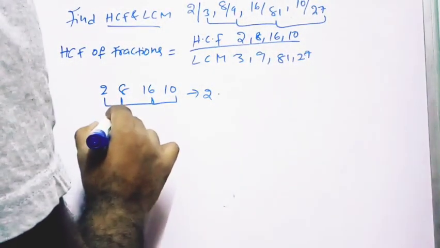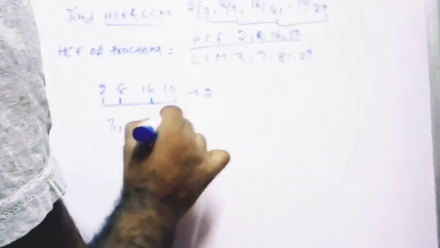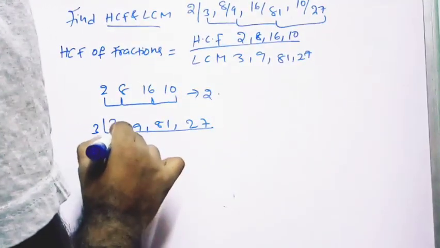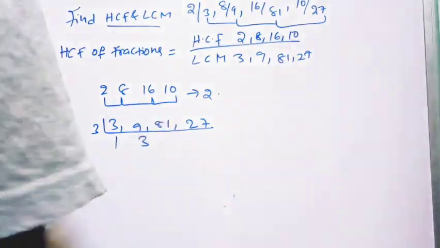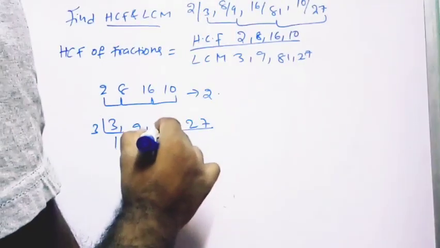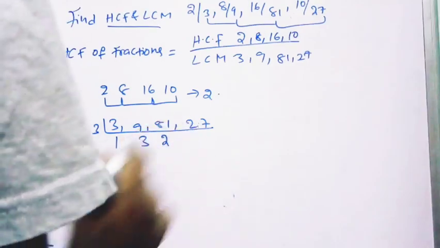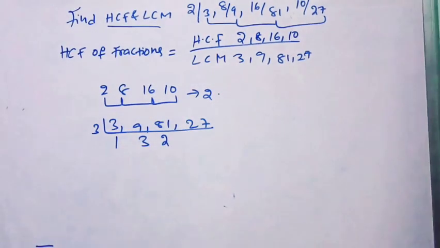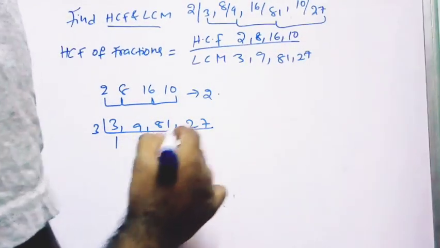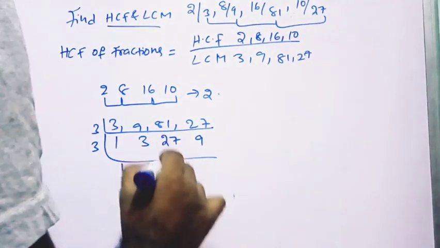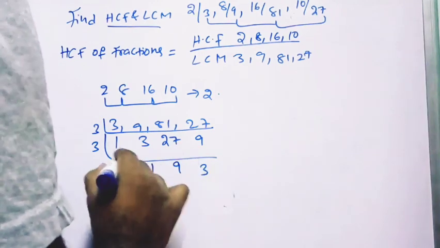Then come to the LCM of 3, 9, 81, 27. So how much is the LCM? 3 times 3, then here 3 times, and the remaining. Then here it is 9, so this will be 1, then 9, then 3.